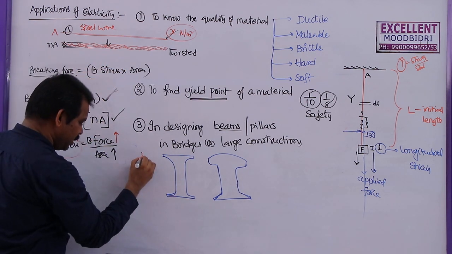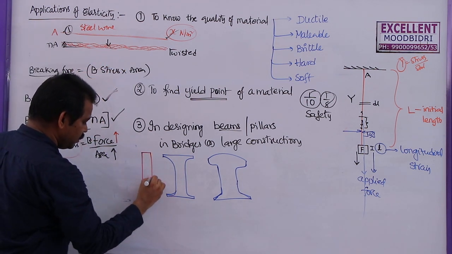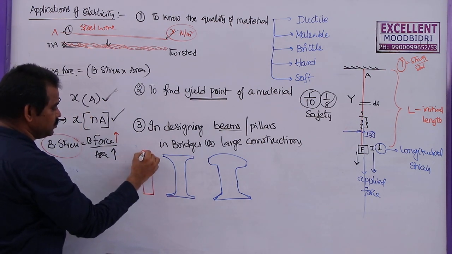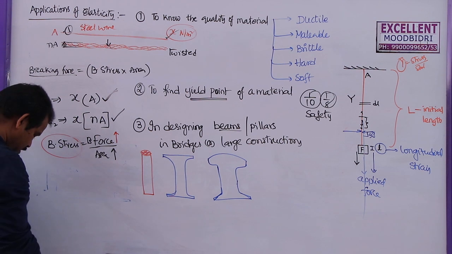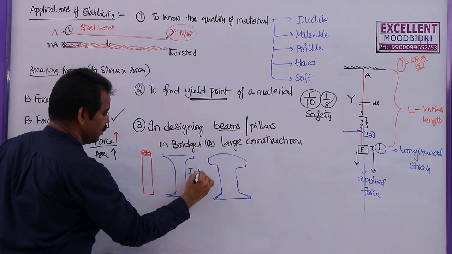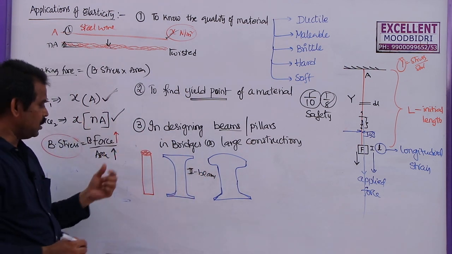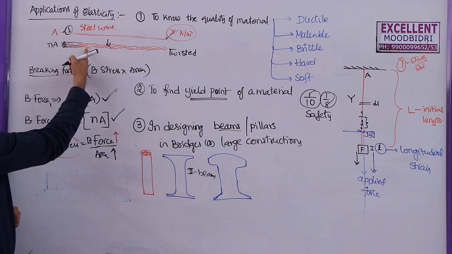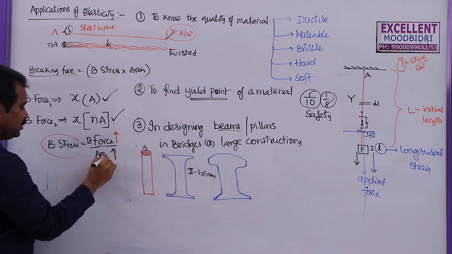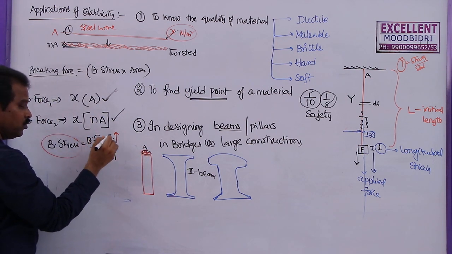Here also the same principle applies. In a general rectangular beam, the area of cross section is less. But in these pillars, I-beams, as they are called, just like the steel wire and the twisted wire, when the area is less, it can bear less force only.